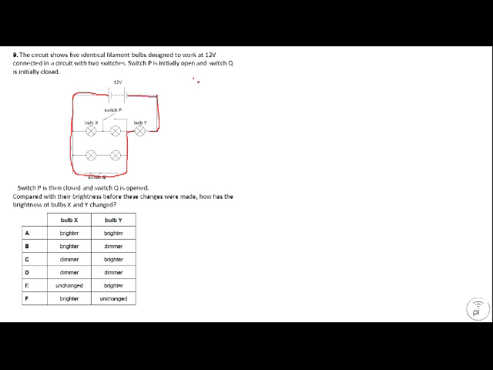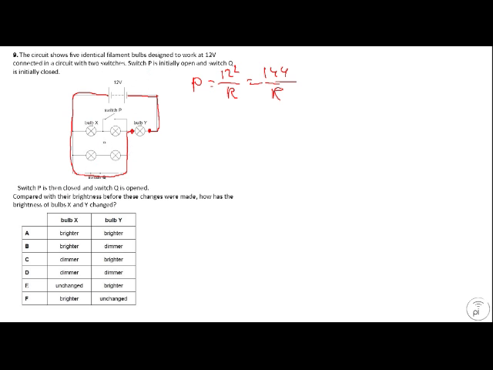Since current goes in this way, the power of Y will be 12 squared divided by R. It is 144 divided by R, because all the voltage will be here, since there is no voltage here. It is short-circuited.